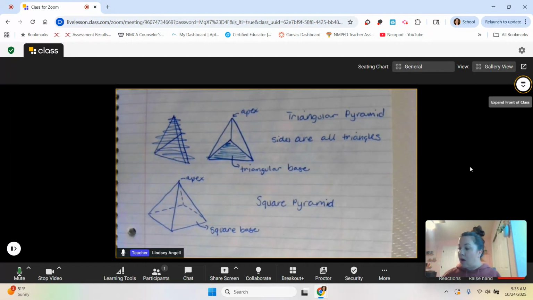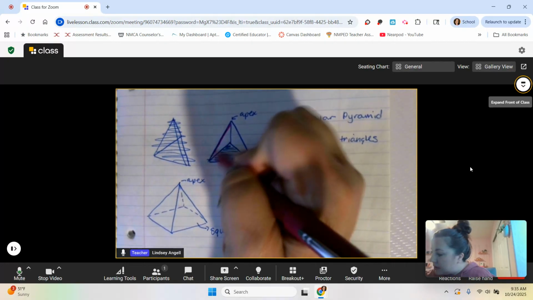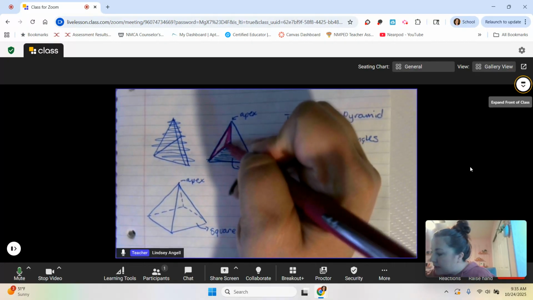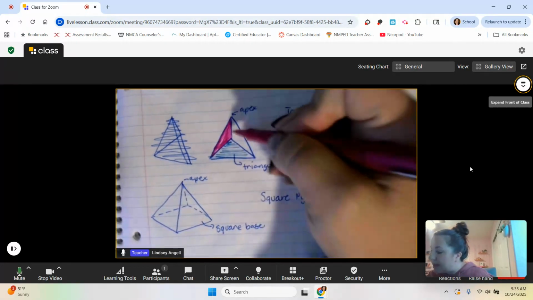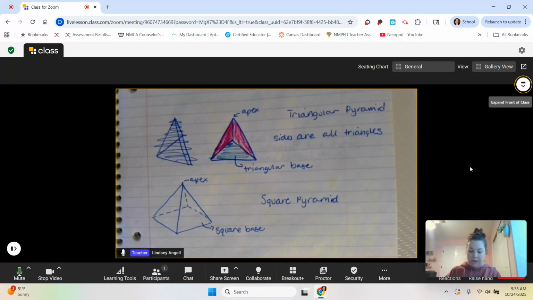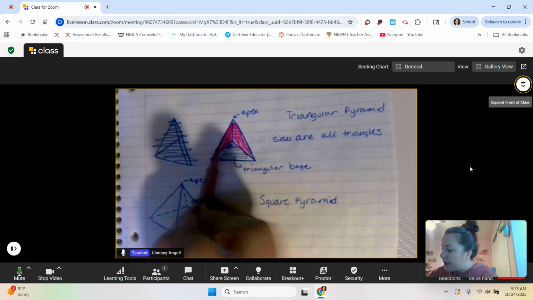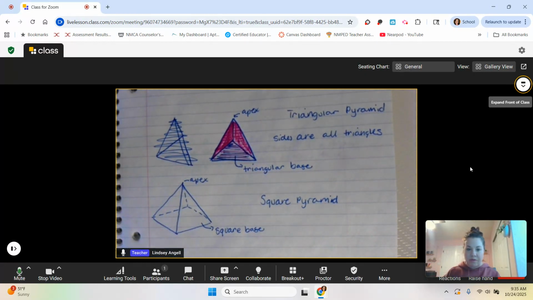And then all of the different sides, let me see if I can use pink, maybe that'll show up well. Here's one side, here's the other side, and if we were looking at this straight on, this whole thing would be the front side of it.